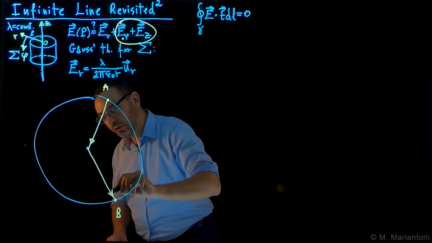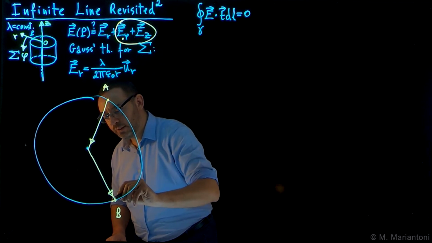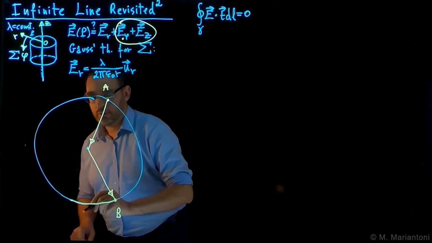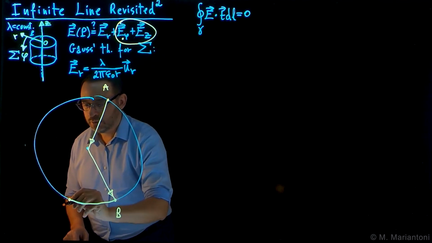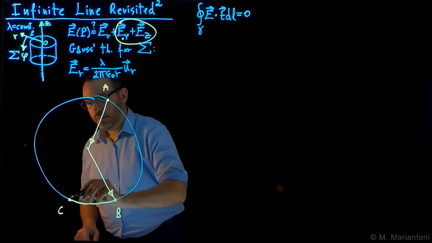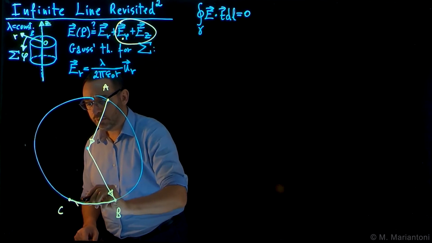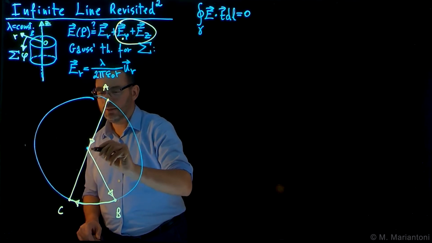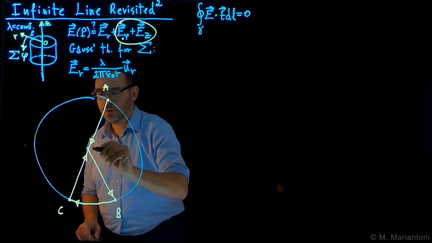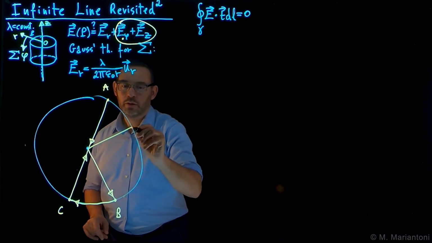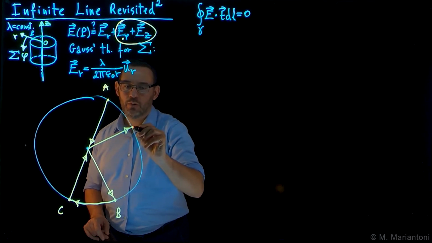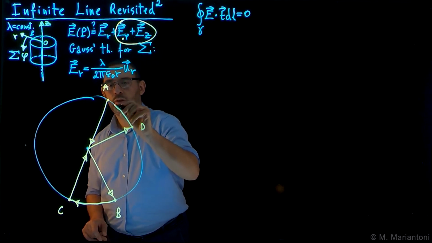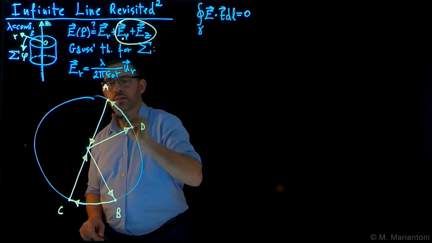Then we follow this circle for a little arc until this point capital C. Then we go back in this direction to the trace. Then we go in this direction to one last point, capital D on the circle, and then we follow the circle to close the line back to A in this direction.